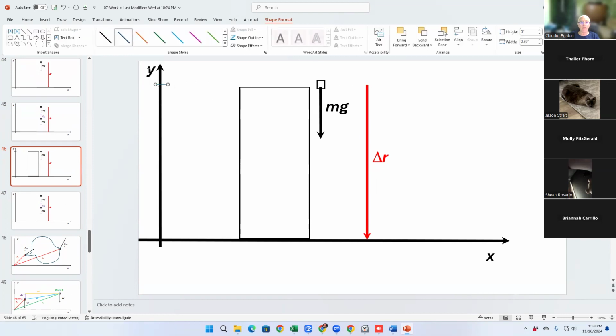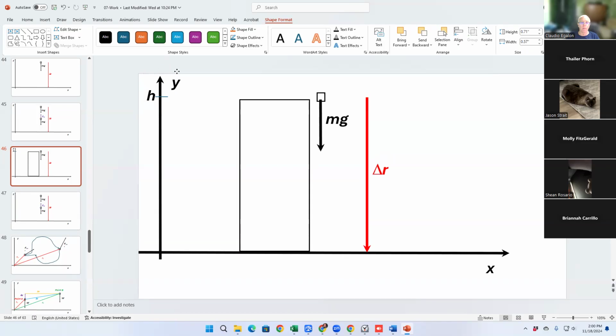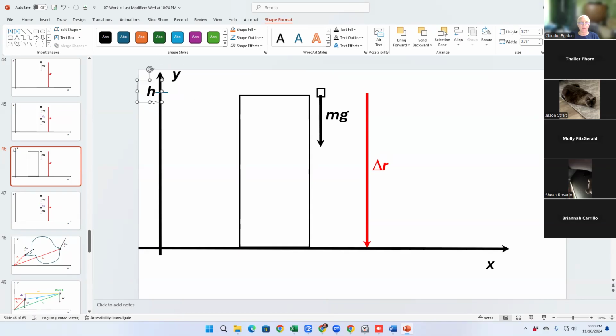Building at height h. Move this guy right in here. X and Y axis.